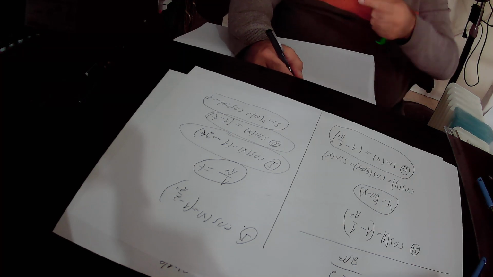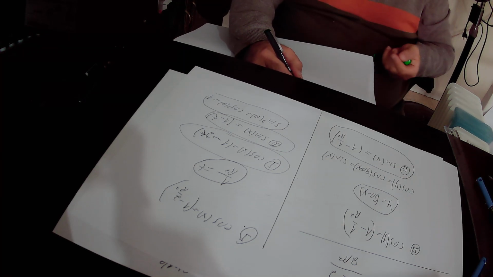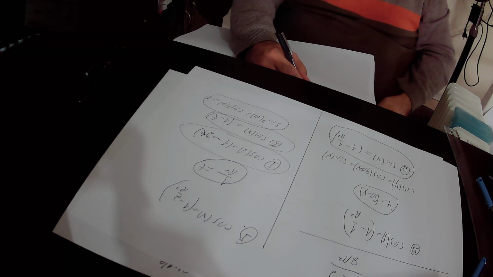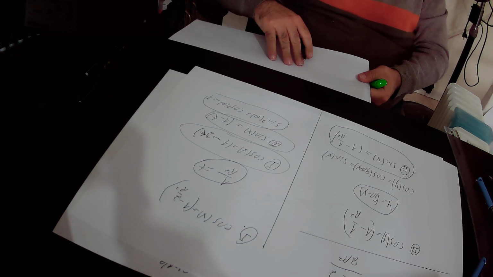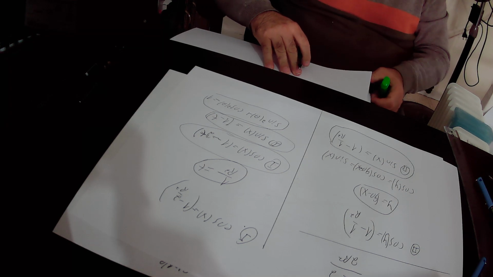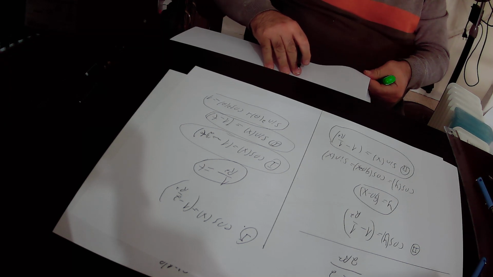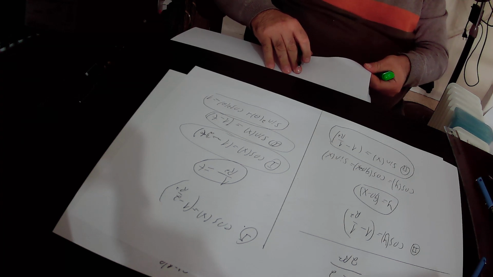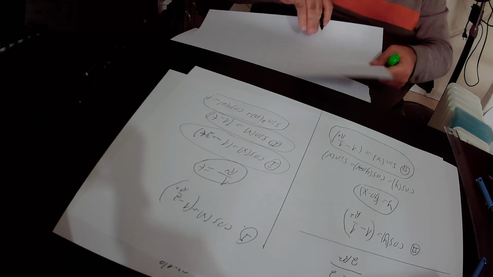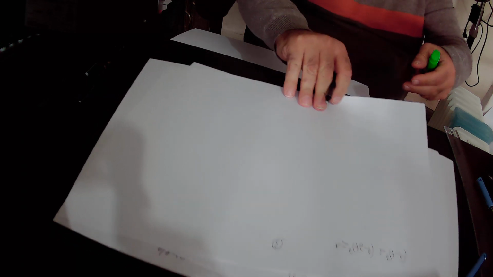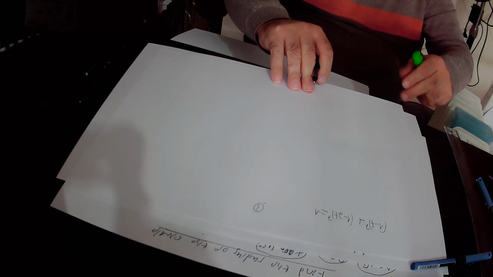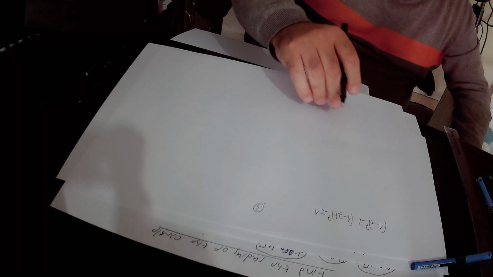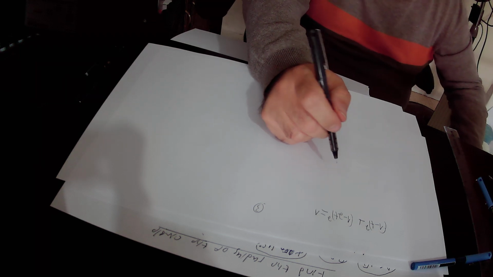Therefore, cosine square x will be equal to 1 minus 2t squared. So we found out that according to the trigonometric identity, 1 minus t squared plus 1 minus 2t squared equals 1.